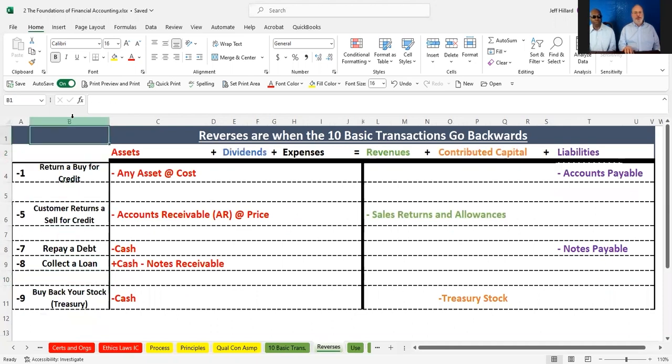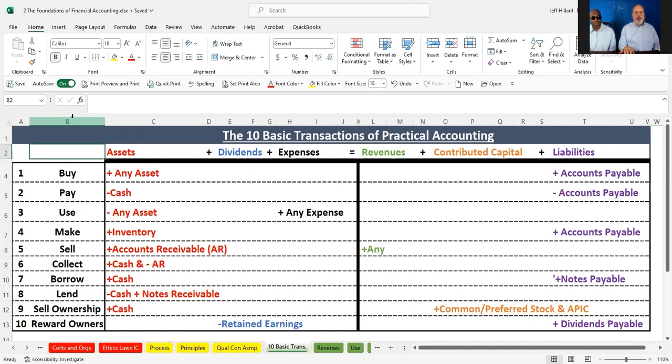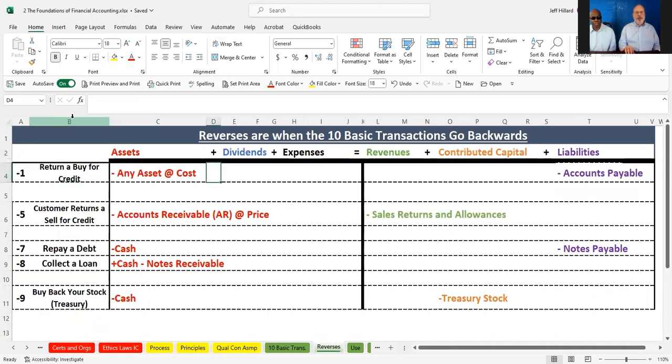Let's talk about reverses first. Okay. If you buy, you get an asset and you get an account payable. But what if you return that merchandise? Well, the asset goes down, it's a minus, and the accounts payable, you get a credit on your account. Don't worry about that.